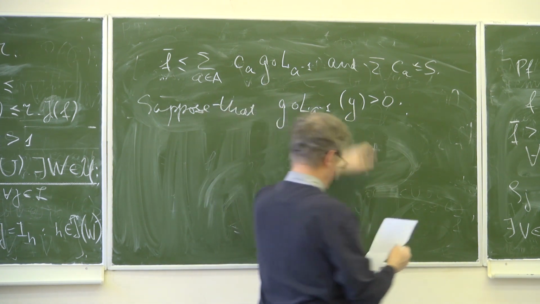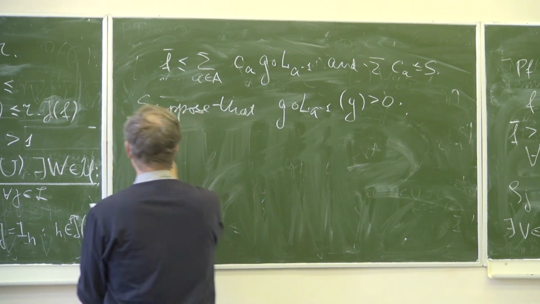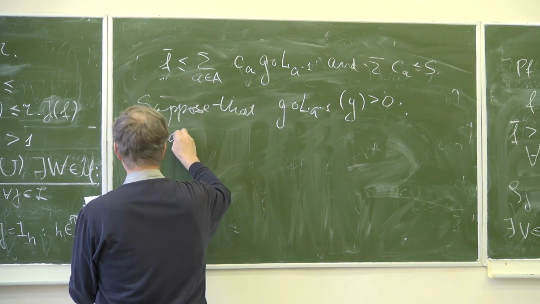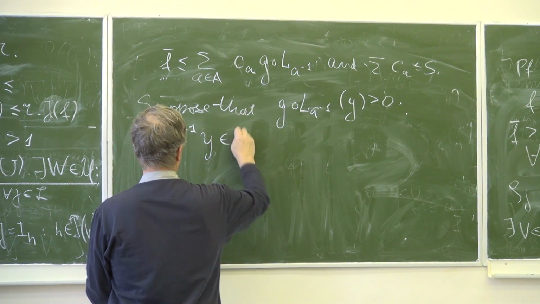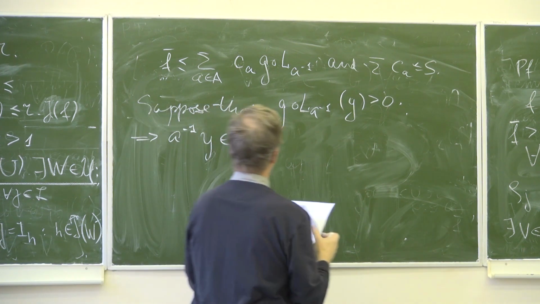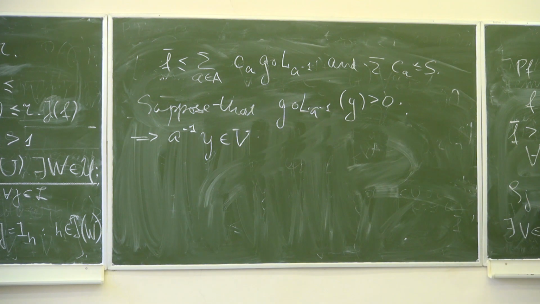Well, what does this mean? This means, in particular, that a to the power minus 1 y is in V, because this function g is supported on V.